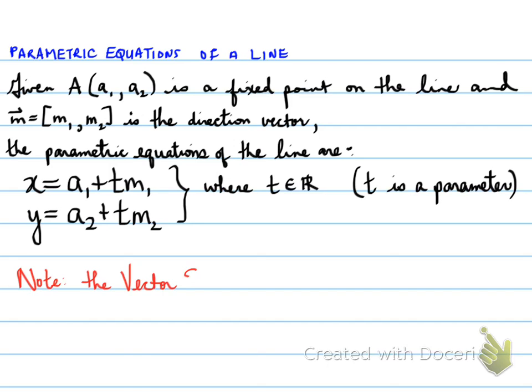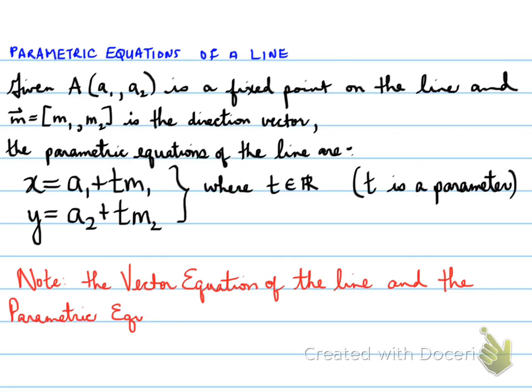The difference between a vector equation and parametric is that in the vector equation, x and y are set up together as a vector, and in parametric, x is separated from y.